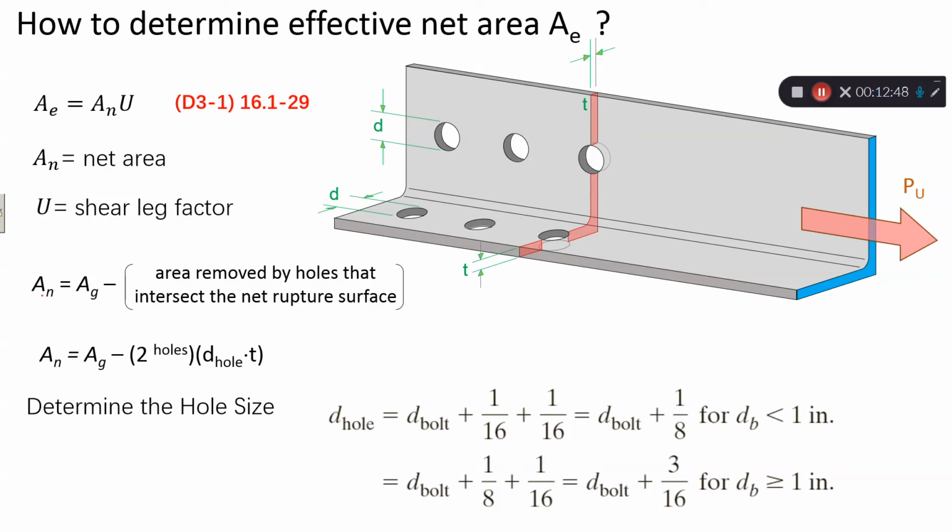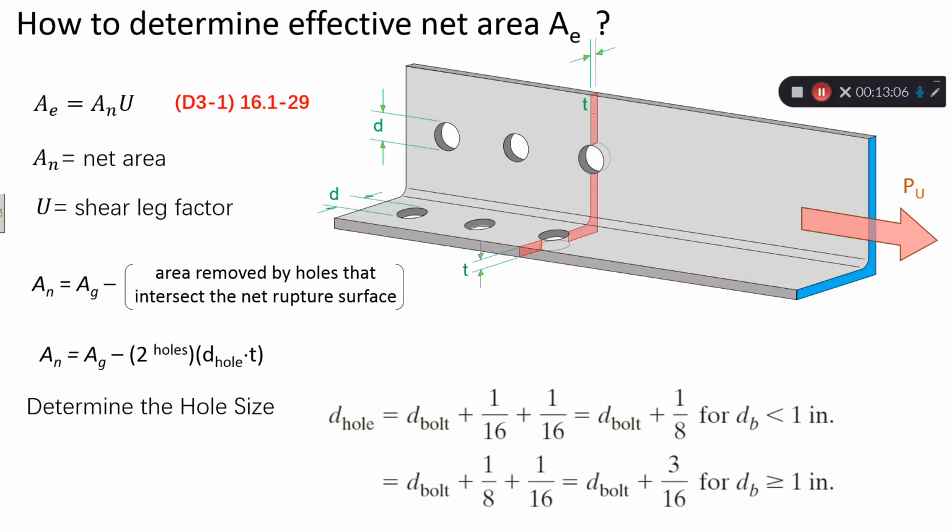So first, determining the net area is pretty straightforward, right? It is the gross area subtracted by the area removed by the holes that intersect the net rupture surface.